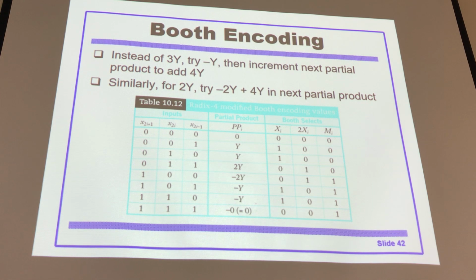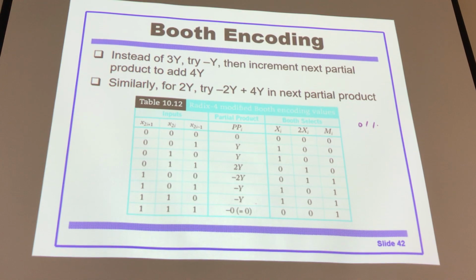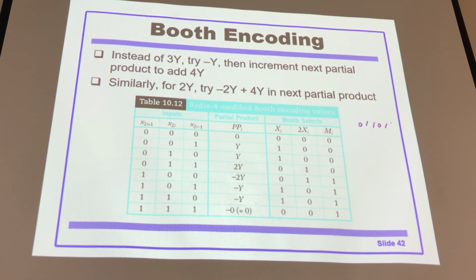Let me give you an example. Like 0 1 1 0 1 1. Okay. Now this is for one part. And the other part, 0 1 0 1 0.